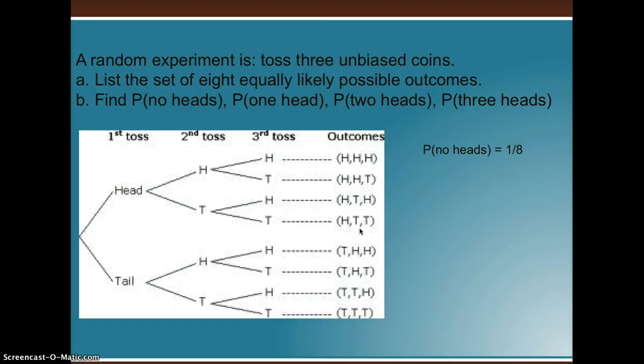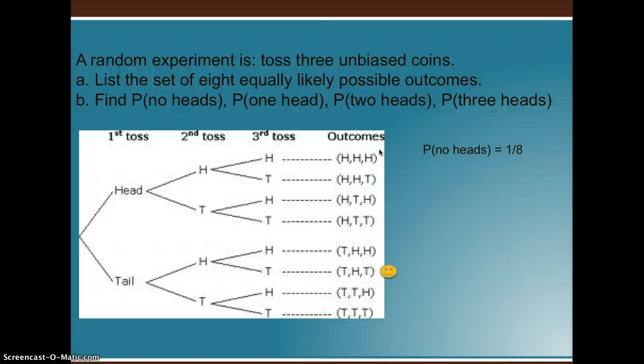Okay. For the next one, probability of one head. We need to look at these outcomes. When is it that you only have one head? The first one is head, tail, tail. The second one is when you have tail, head, tail.